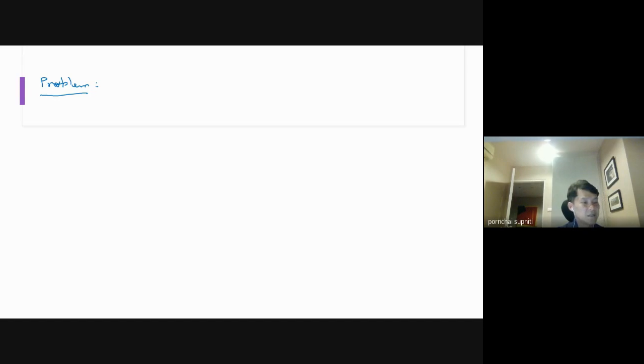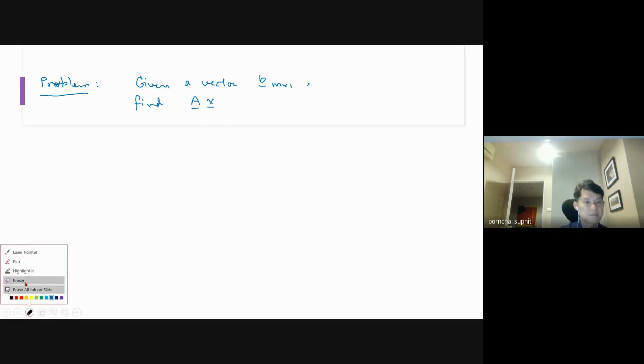So the problem statement is like this. If we are given a vector b, let's say it has the size of m by 1, we would like to find a multiplied with x, where a has the size of m by n and x has the size of n by 1.